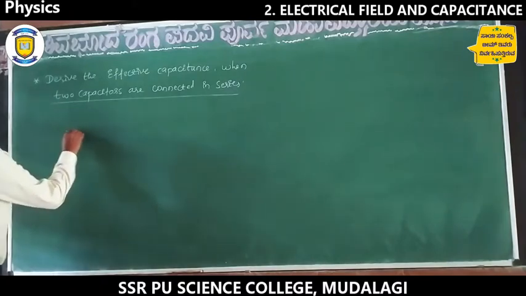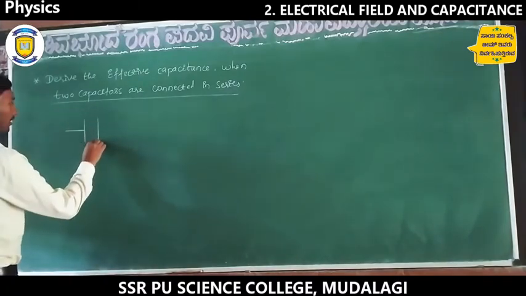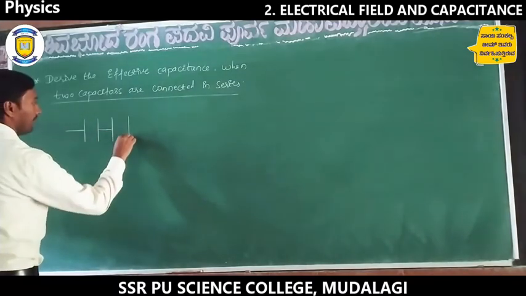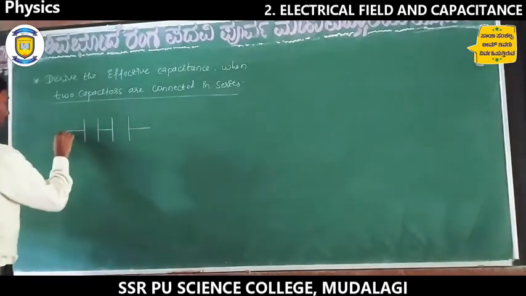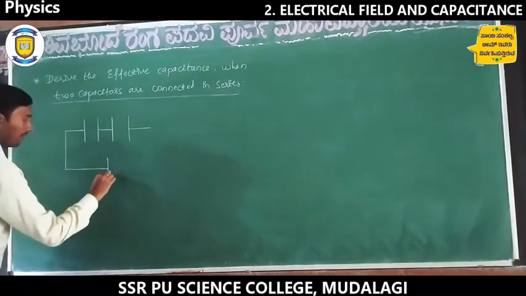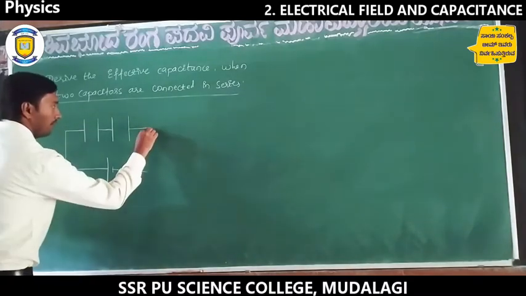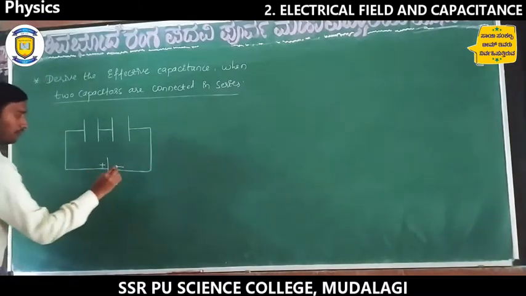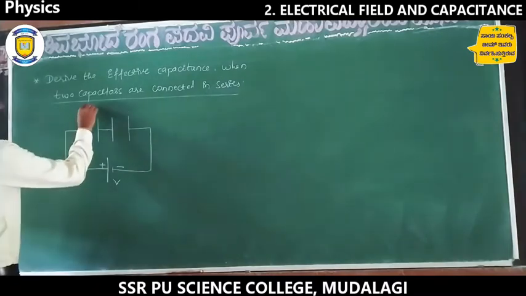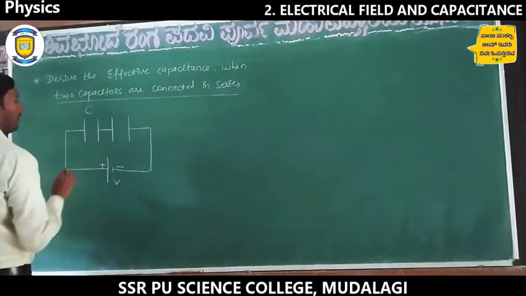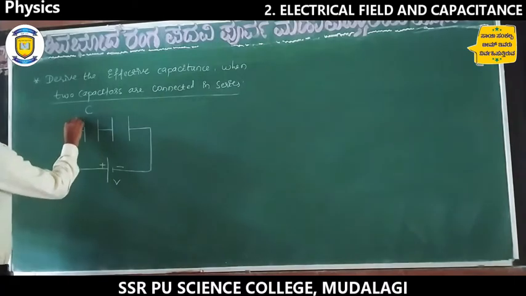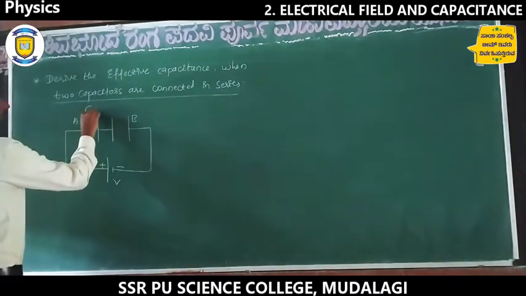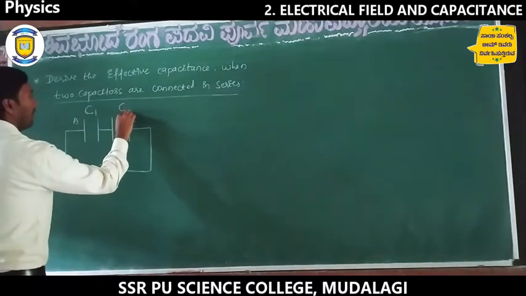Next, have the diagram first. These are the two capacitors connected in series with the potential difference V. This is positive, this is negative. This is potential difference V. This is capacitance C1, this is capacitance C2.